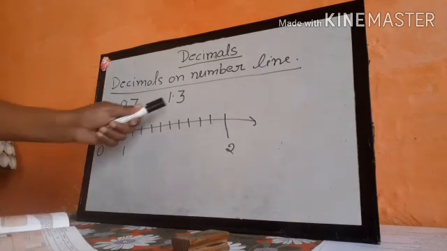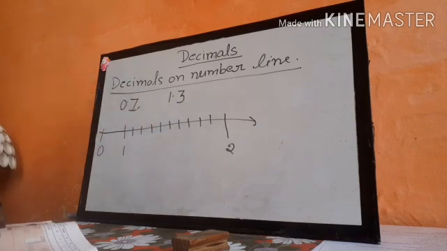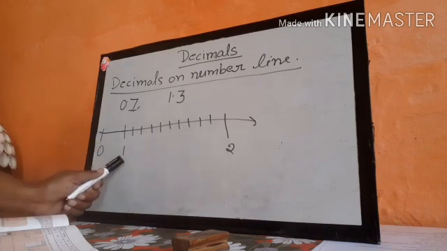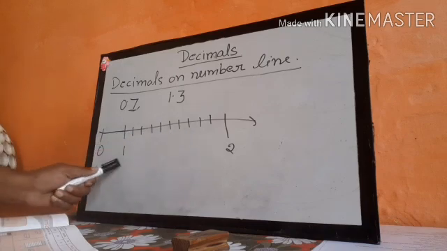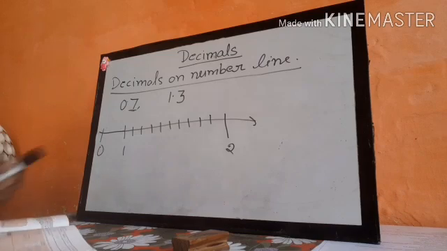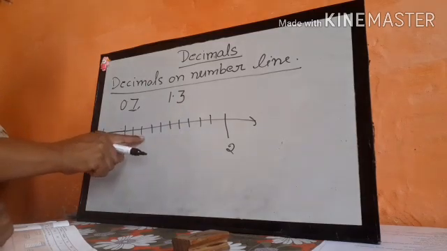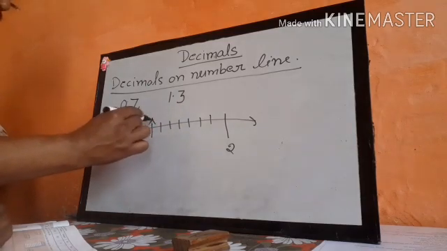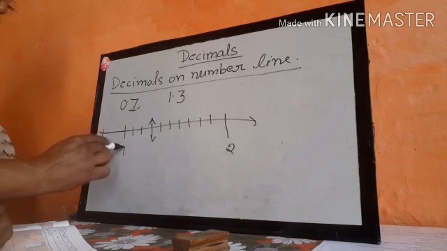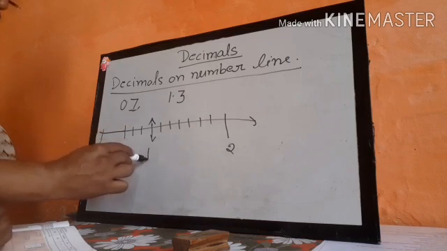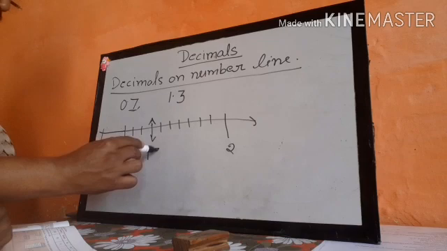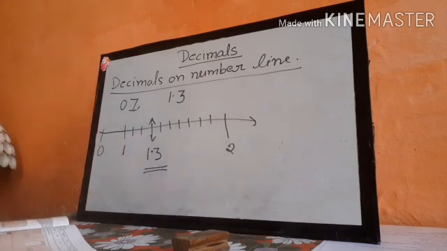Since it is also a one place decimal, it is the tenth part, that's why I have divided this gap between 1 and 2 into 10 equal parts. Out of these, just choose 3, it is 0.3, so 1, 2, 3. So this line will represent 1.3: 1 is the whole, and it is 3 parts, 0.3. In this way we can represent decimals on the number line.